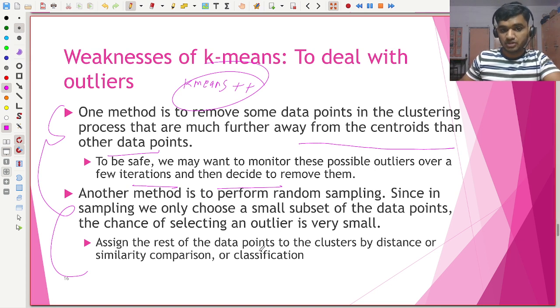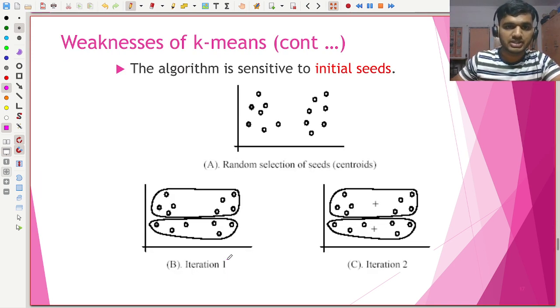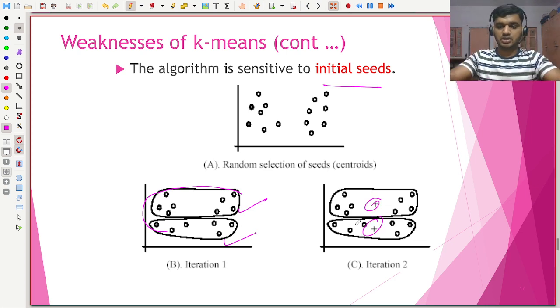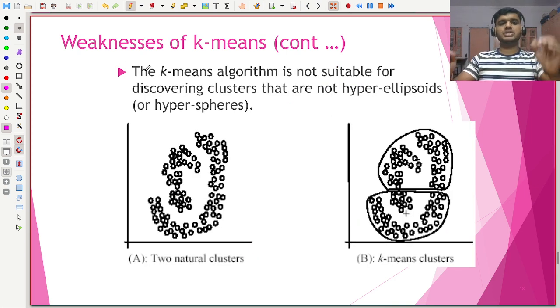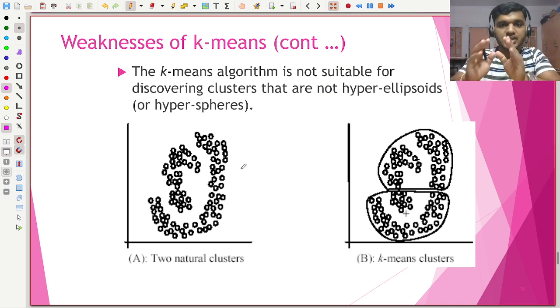Assign the rest of the data points to the cluster by distance, similarity comparison, or classification. You notice here the initial seeds are like this. If you define iteration 1, this is cluster 1, and this is the center of this cluster. Here is an example where k-means clustering will fail.